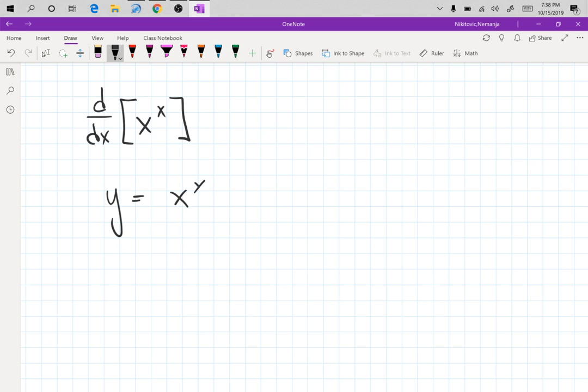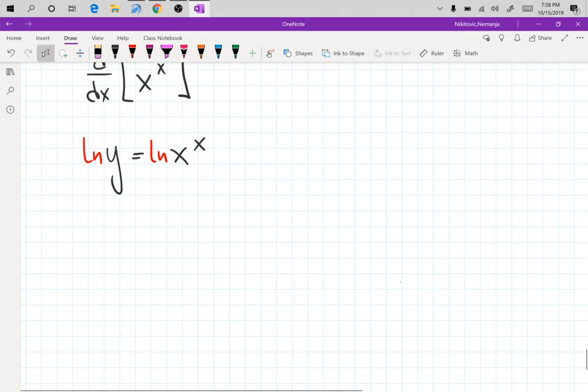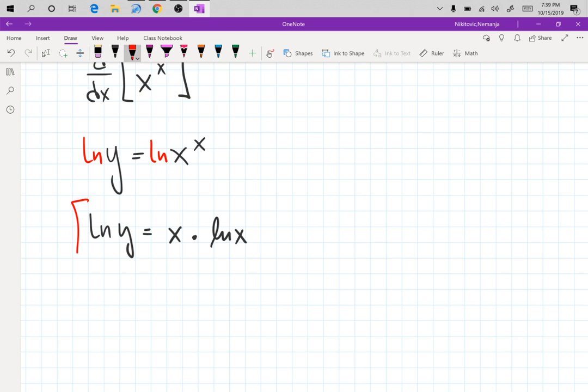Y equals, let's say, x to the x, and you sneak in ln on both sides. Now you see that x in the exponent, using the power rule, jumps in front of the ln and creates the product rule. So this becomes ln y is equal to x times ln x. And now you get to differentiate everything following the same rules. 1 over y dy dx, because you took the derivative of y with respect to x.